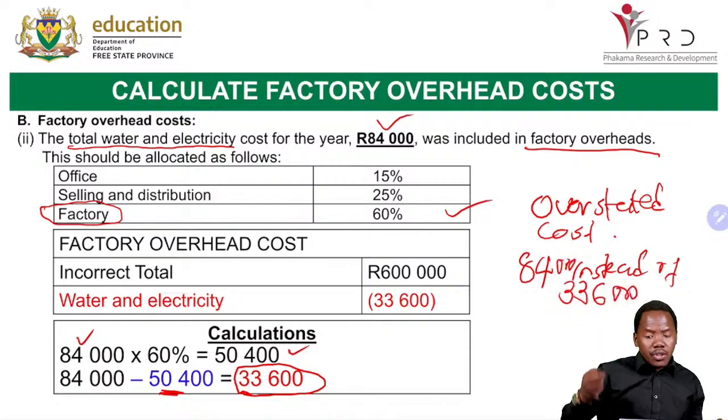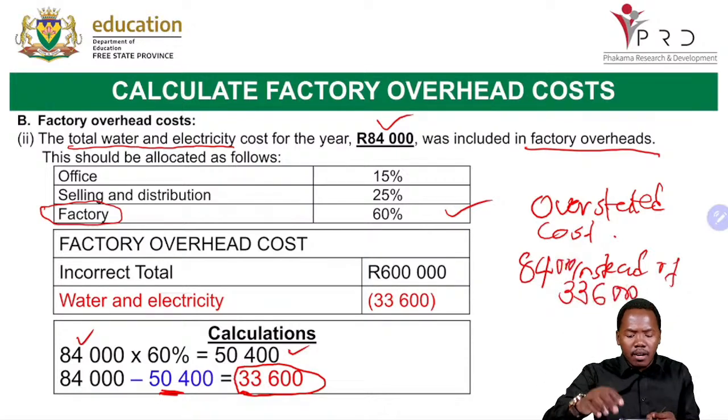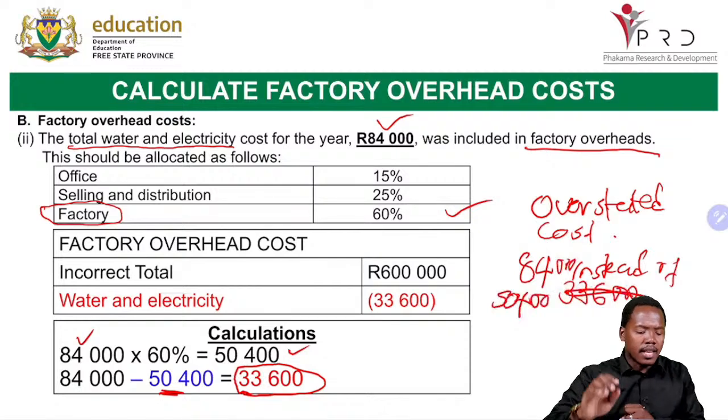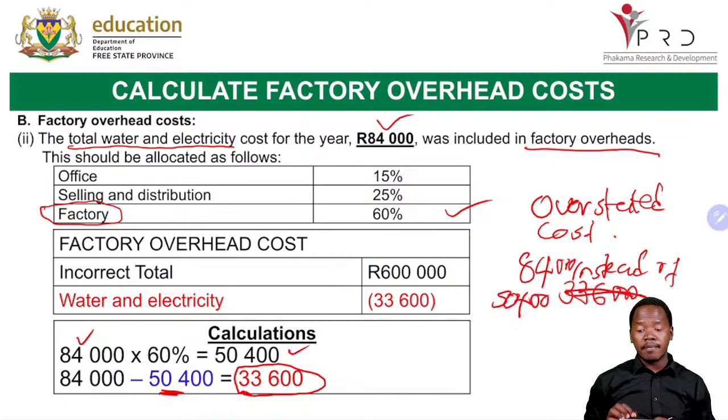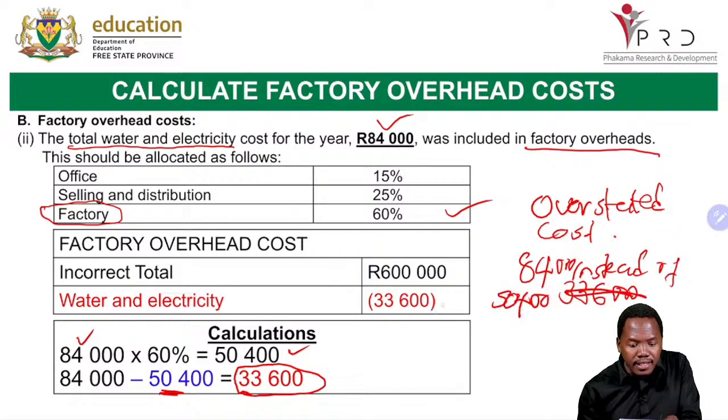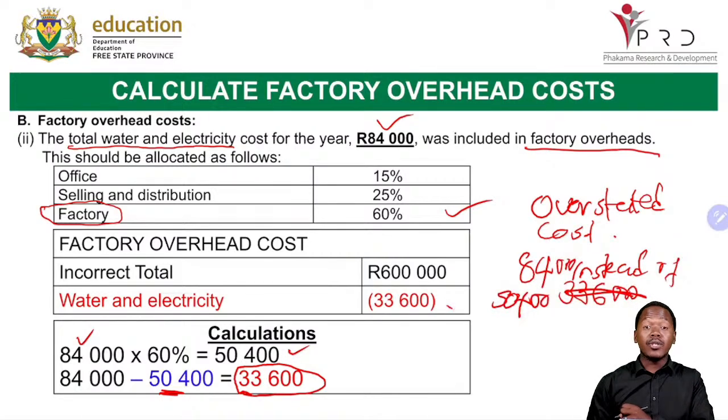So we have to reduce that particular amount. That is why it's a minus here. We must reduce the amount by how much? By 33,600. Okay. Now, I hope you got that one right. Let us move on to the next one.